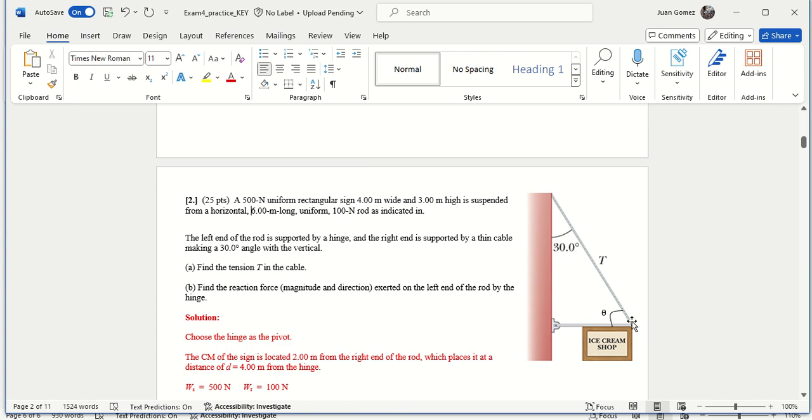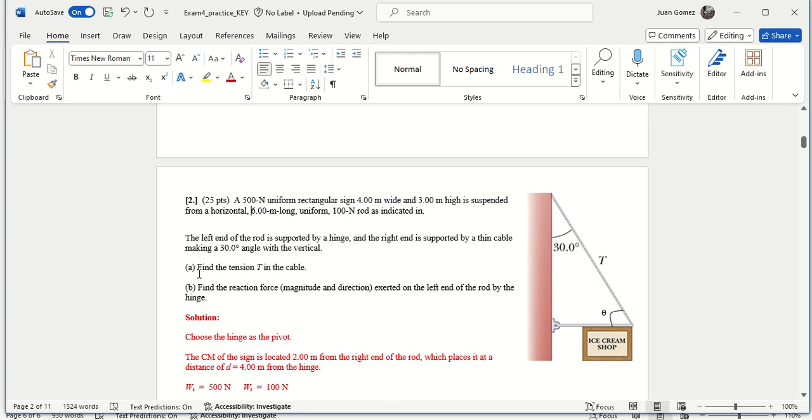One end of the support rod, the left end, is supported by the hinge. The right end is supported by this rope. The rope makes an angle of 30 degrees with the vertical. Some problems have one extra step, but here we're given that this angle is 30.